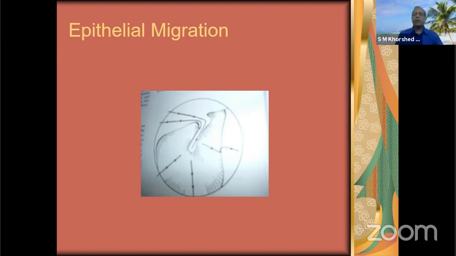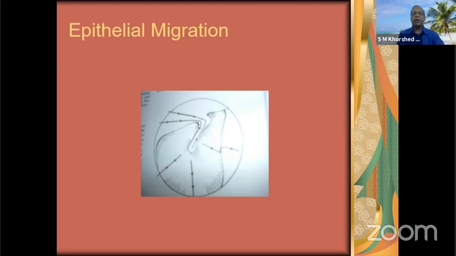The skin of the body, skin of the palm and sole, is composed of 5 layers: stratum corneum, stratum lucidum, stratum granulosum, stratum spinosum, and stratum basale.